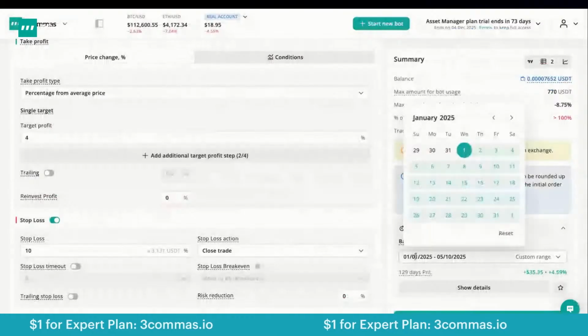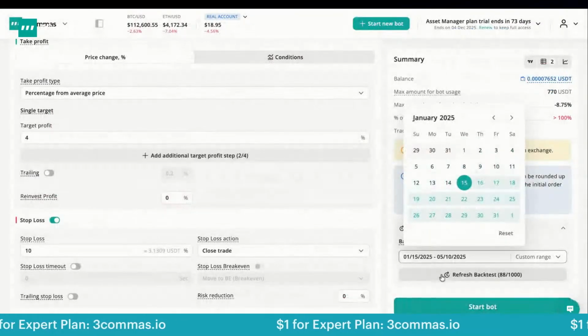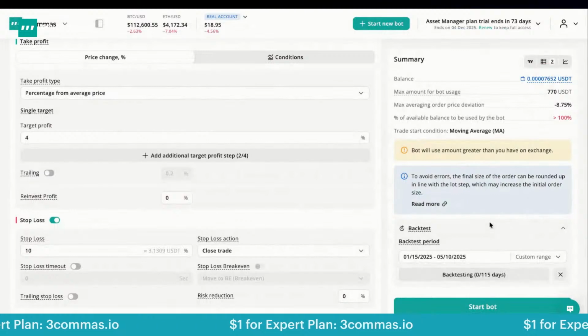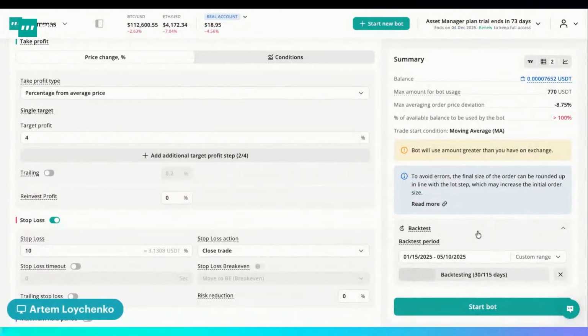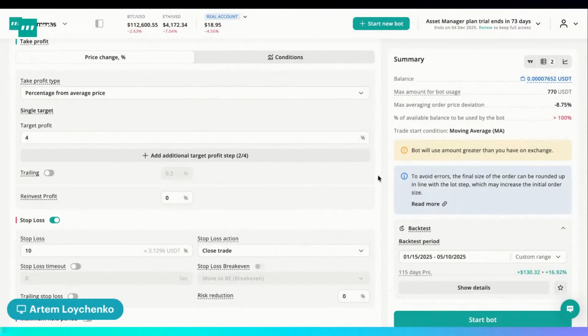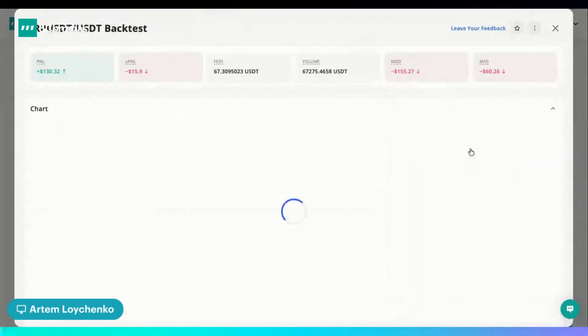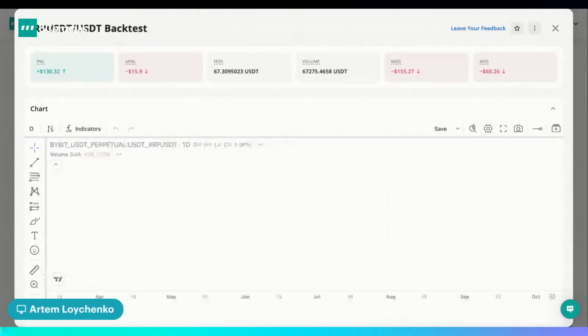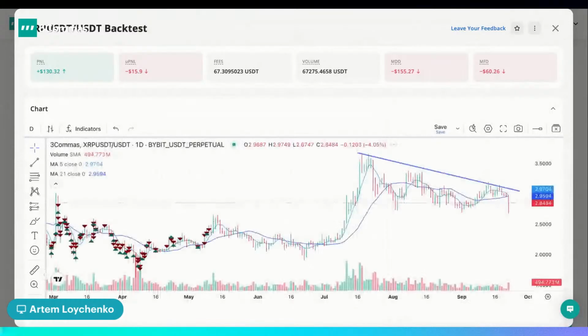Yeah, I did it from the first one. The results should be better because a lot of stop losses were hit in the beginning. Yeah, this is better, and this is because of the short period setup.